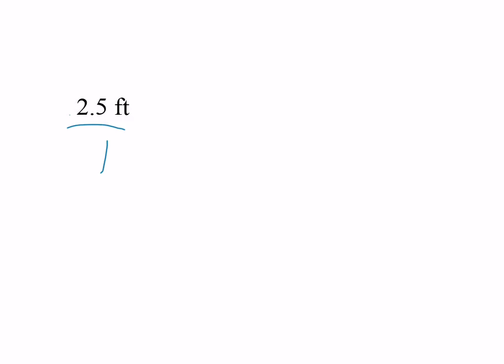The reason is I want to emphasize that I've got units of feet in the numerator and I want them to cancel. So if you look at the previous slide, notice that I'm going to put feet in the bottom and inches in the top. So I'm going to go with that one.